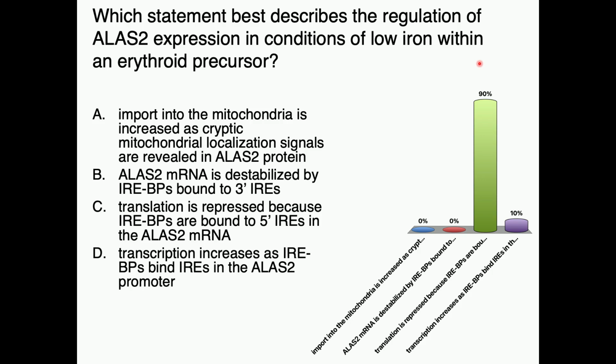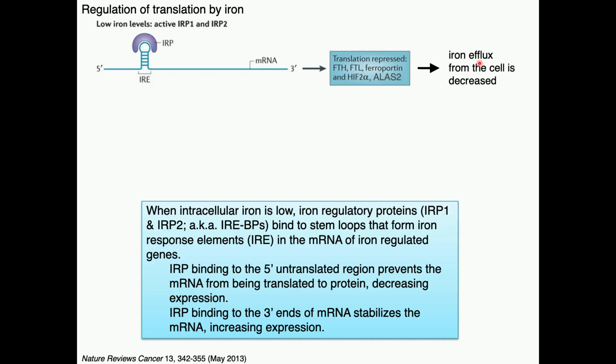Okay, so let's revisit that. That is shown here with iron regulatory protein binding to the 5' mRNA, not only of ALAS2 but also of other genes like ferritin, FTH and FTL, the ferritin heavy and light chain genes, and then ferroportin, that's the efflux gene.